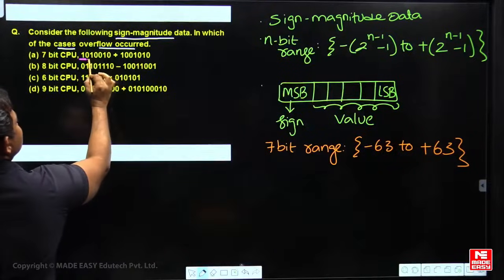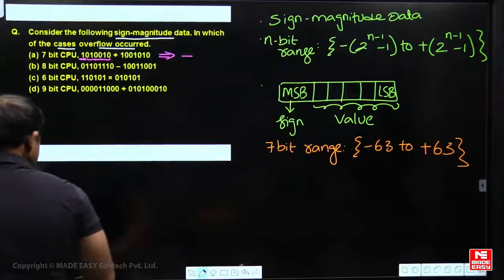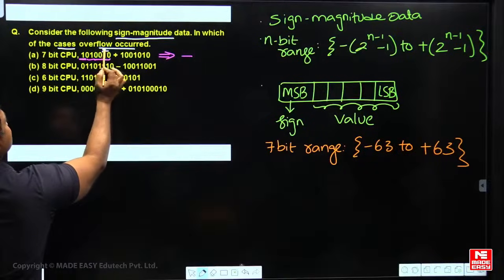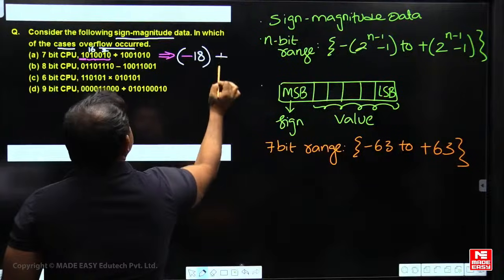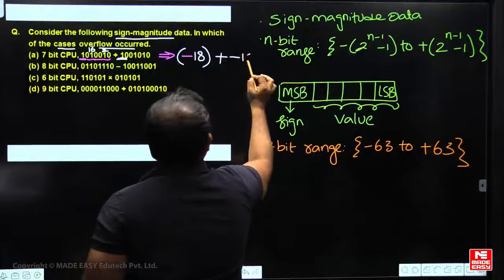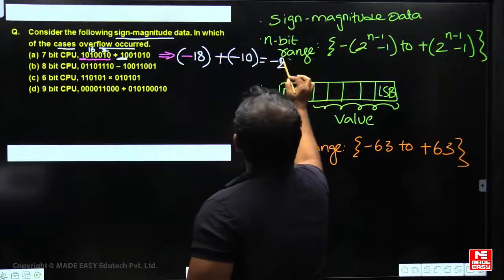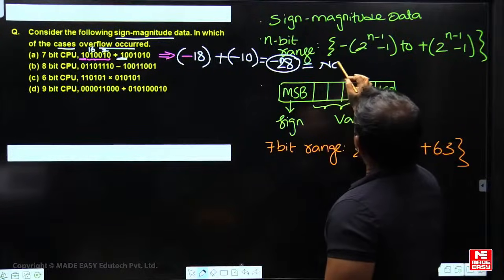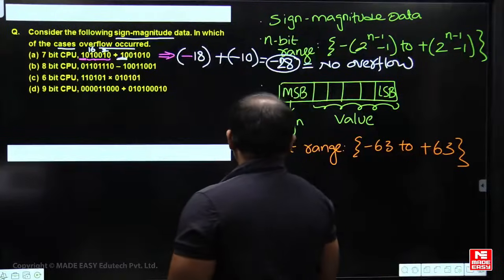The remaining bits give the value 8 plus 10 (weights 4 and 8 and so on), which becomes -20, present in the range. Therefore, no overflow. Here no overflow.